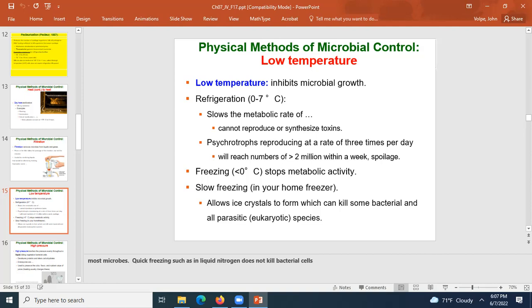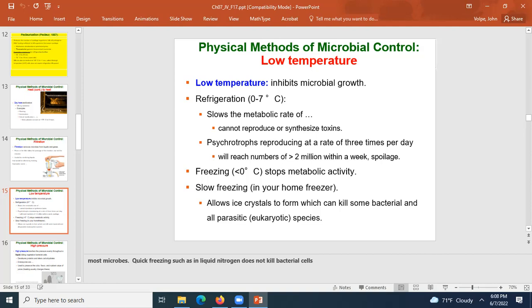Freezing does stop metabolic activity. It does not kill all cells. It does kill, I don't know, about 50% of bacteria, but not all cells. So freezing does not sterilize food. Slow freezing in your home freezer allows ice crystals to form, which do kill some bacteria, but not all bacteria.